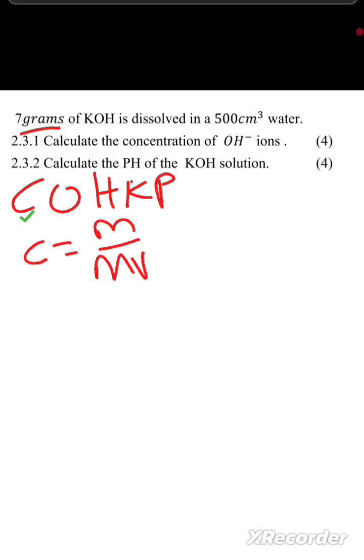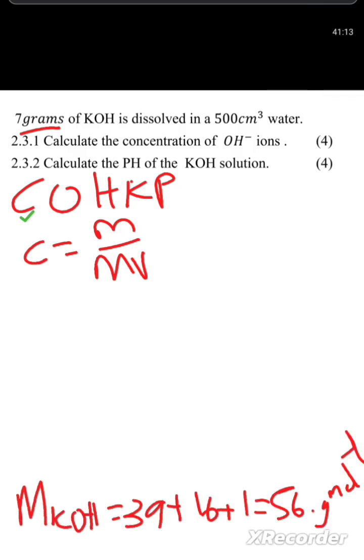Right. The molar mass of KOH. Let's see. The molar mass of KOH will be equal to K. So the molar mass of KOH is 56.